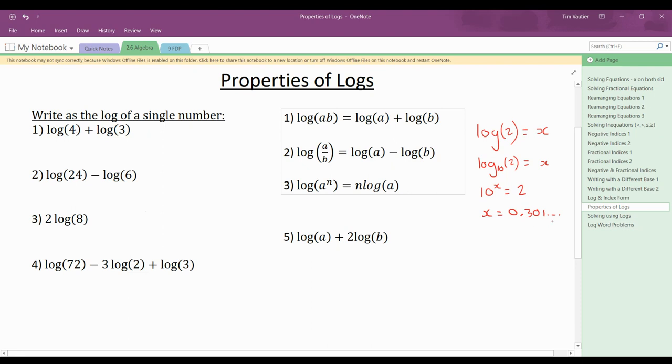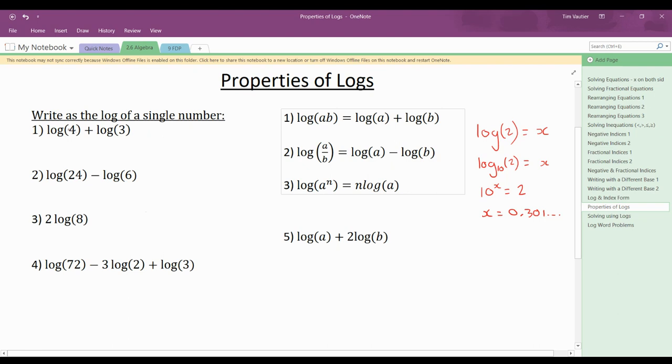It goes to a number of decimal places. Essentially, when I type log 2 in my calculator, it gives me the value that if I went 10 to the power of that value, that is the power I would need on 10 in order to get 2. So that's just an aside in terms of what that actually means.